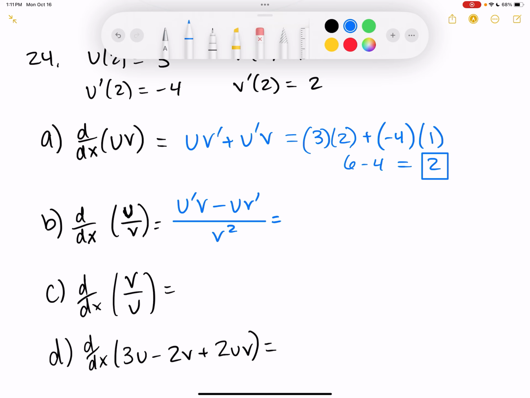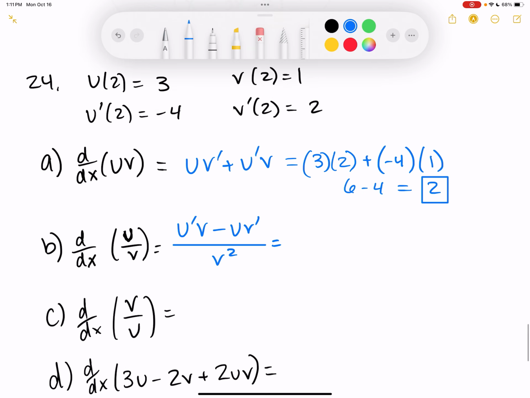So then, let's see, U prime is negative 4, V is 1, minus U is 3, V prime is 2, over V squared is just 1 squared. Okay, so obviously that's just going to be over 1, so it doesn't really matter. So I've got negative 4 minus 6, so that's going to be negative 10. So that one works out nicely.